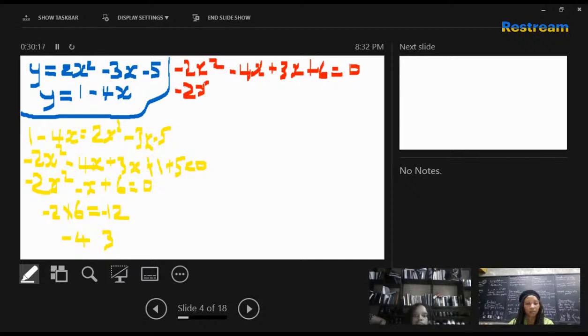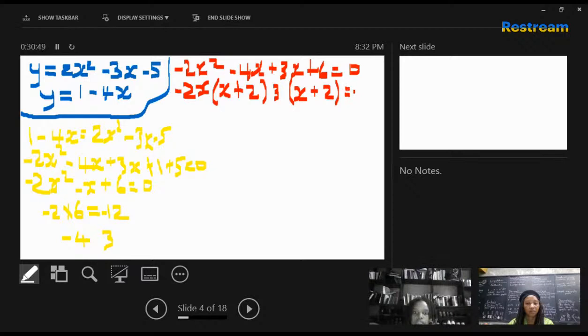So negative 2x into negative 2x squared is going to give x, and negative 2x into negative 4x is going to give positive 2. For the other half, the common factor is 3, and 3 into 3x is x, and 3 into positive 6 is positive 2.